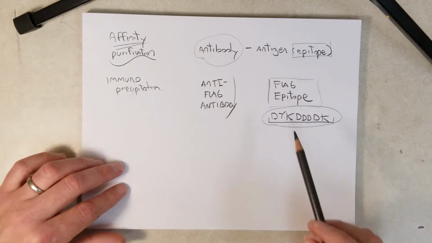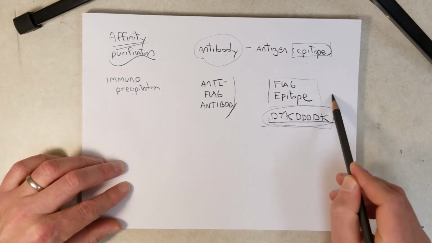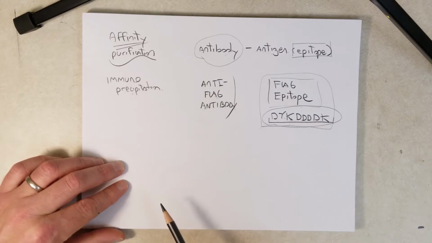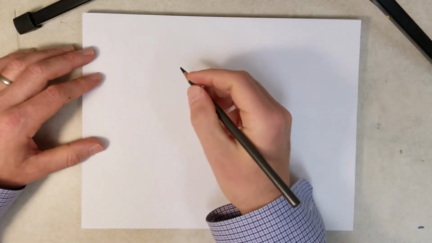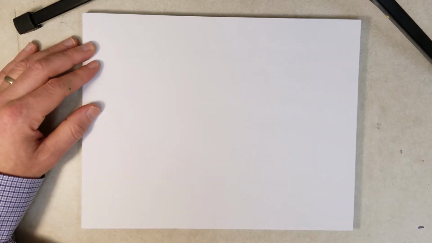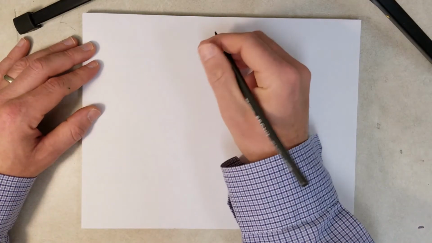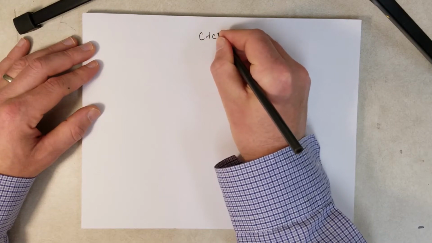Okay, so now how are we going to get this onto our protein of interest? So let's see. Let's assume that, let's take one of the proteins from our discussion on initiation of replication. Let's take CDC45.